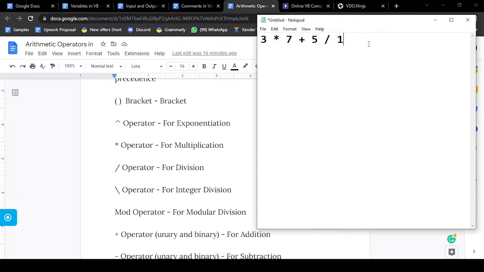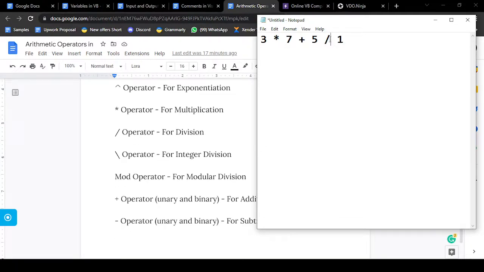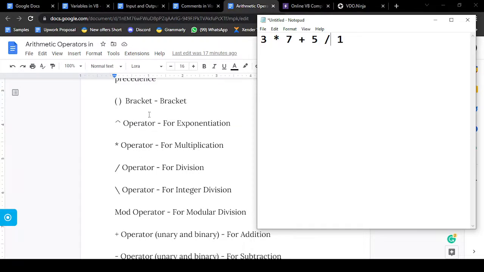Okay, so let me put the minus here. So don't forget, if I want to solve this now, if you check all these operators I have over here, judging by this order that I have, let me put one that has bracket inside.